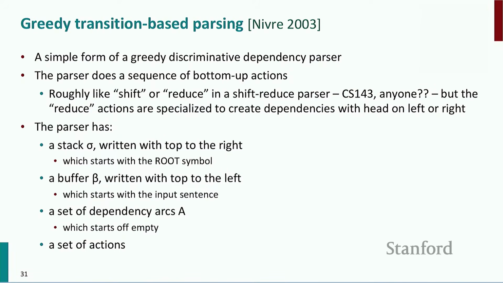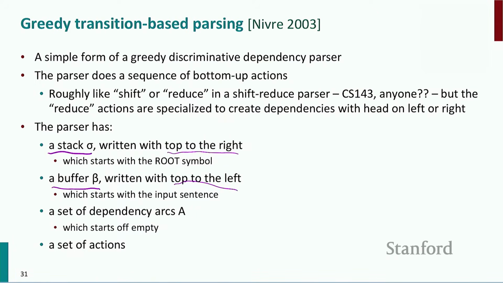So the things to know is we have 2 data structures. Well, we have more than 2, I guess. For dealing with the sentence, we have 2 data structures. We have a buffer, which has the words of our input sentence, and then we start building pieces of sentence structure, which we put on a stack. And the little trick to know is that for the buffer, the top is written to the left, and for the stack, the top is written to the right.